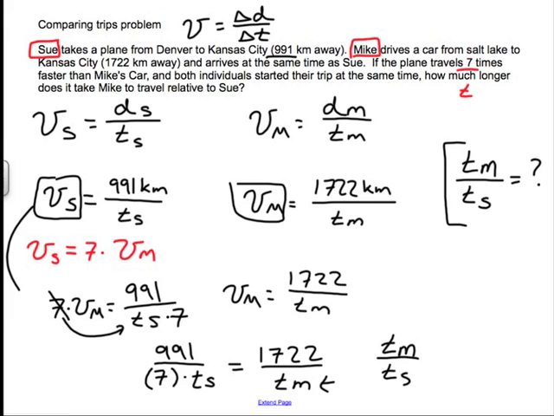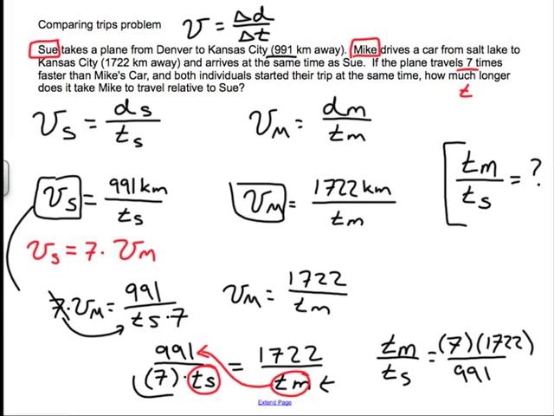In separating out these numbers, I now have this 991 that's going to go into the denominator down here. The 7 that's over here is going to go up into the numerator on the right hand side. So I have 7, then I still have my 1722 number that was there from before.